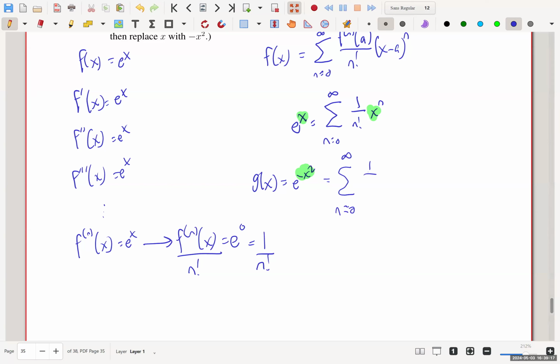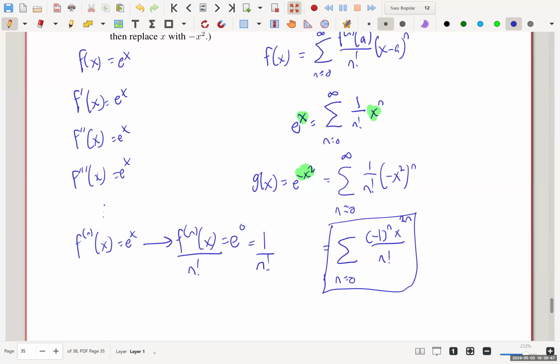And folks, the only thing that changes here is that now we alternate, because I have negative 1 times x squared. So negative 1 to the n times x squared to the n, but power to a power makes it a superpower. We multiply: x to the 2n. Divide by n factorial. Best expansion ever.